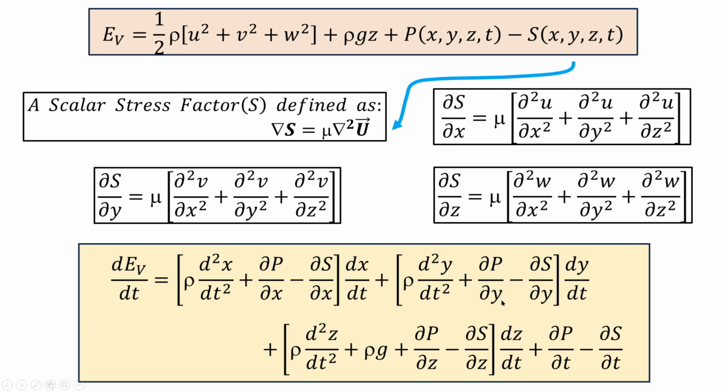Similarly, we have the partial derivatives with respect to y and the partial derivatives with respect to z in these other square brackets. Outside of all these bracketed terms, we have the partial derivatives of p and S with respect to time, del p by del t and del S by del t.